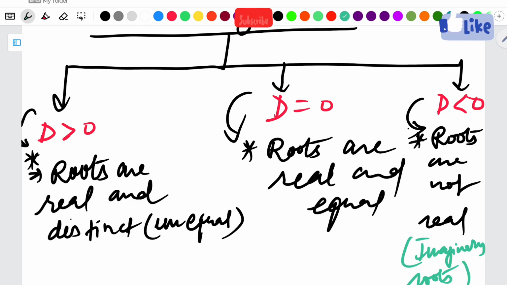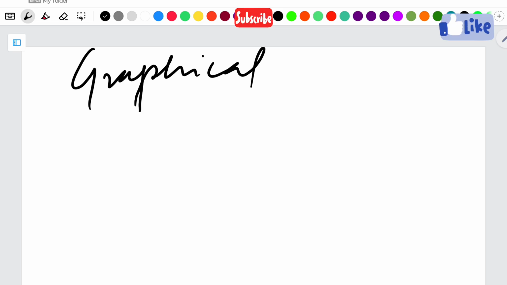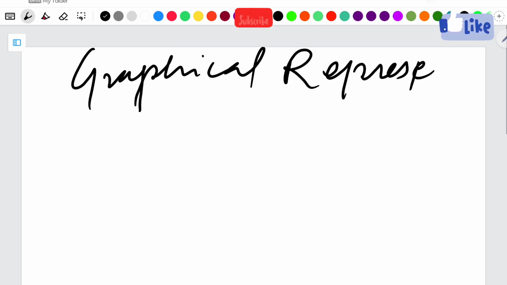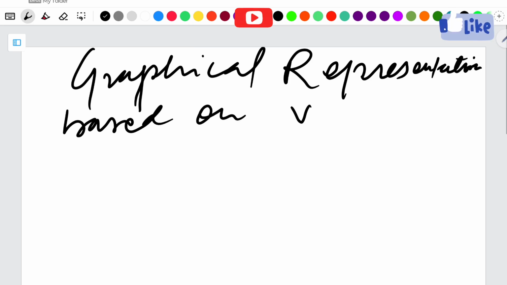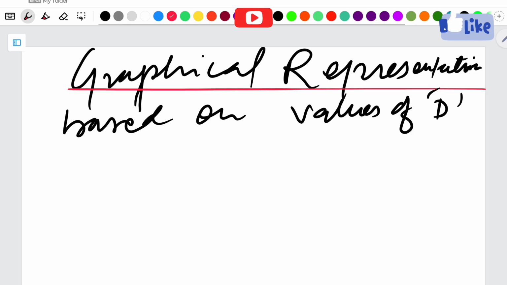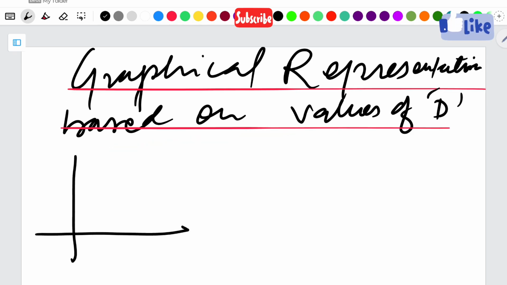Now let us consider graphical representation based on values of D. So this is x-axis, this is y-axis.